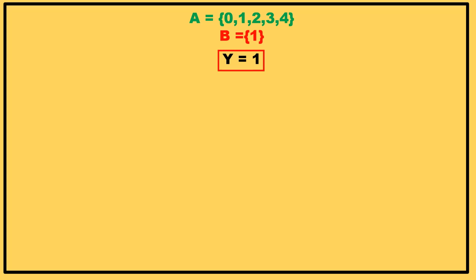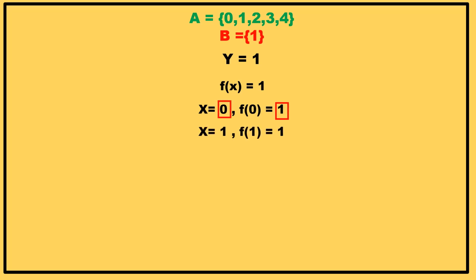Let's consider these two sets A and B. The function is y is equal to 1, that is f of x is equal to 1. When we give input x is equal to 0, we get f of 0 is equal to 1. When input is 1, output is also 1.